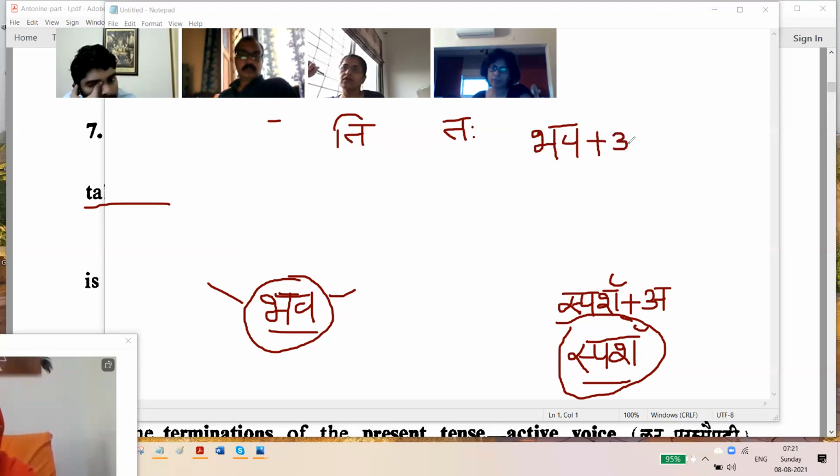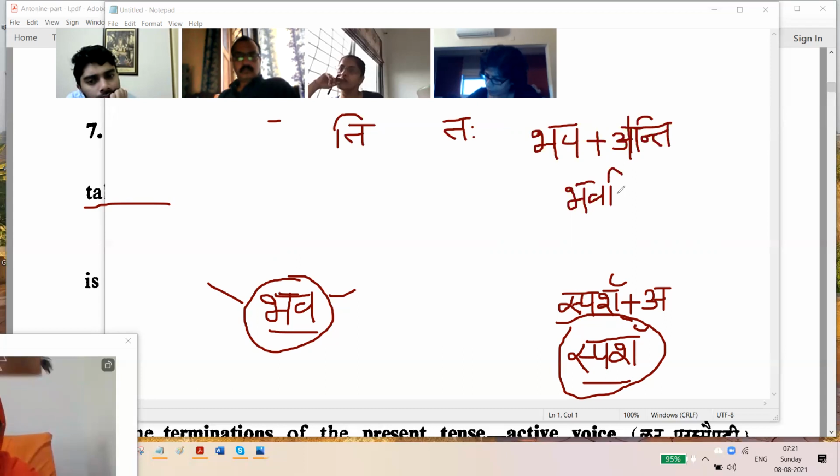But in this case there is a rule: this a is dropped, so only bhavanti remains. Even though anti is there, the a is always dropped in front of akara.